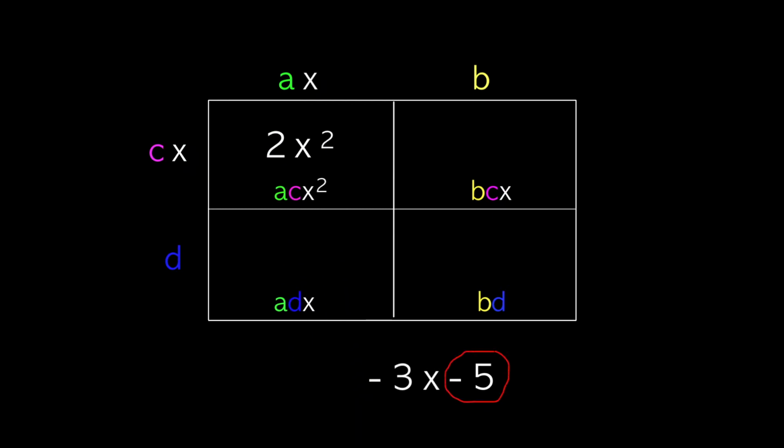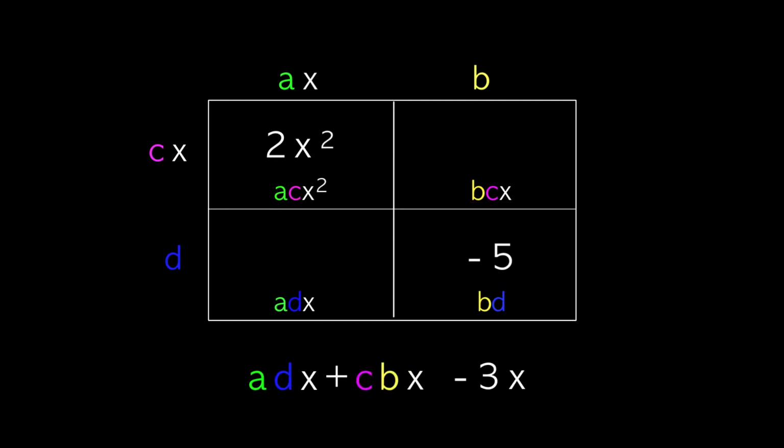And the final term is made by multiplying the two last terms, so we can put it in that box. But where does the middle term go? The middle term is made by multiplying the two x term boxes. So we know ADx plus CBx is equal to negative 3x, or if we divide by x, AD plus CB is equal to minus 3.